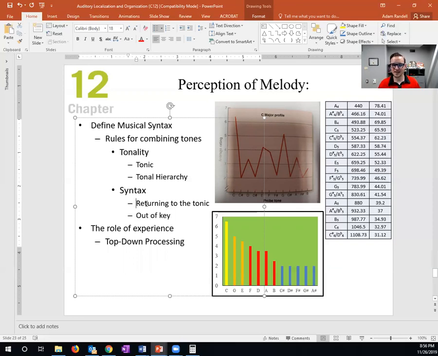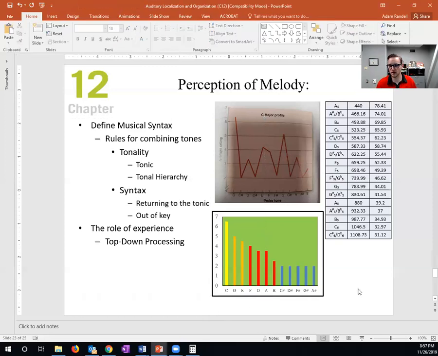But there's also a general trend in melody composition where when you start at the tonic, if you rise, you eventually end at the tonic. That effect is called returning to the tonic. When this is prevented, when a melody doesn't end at the tonic, that tends to sound weird. So that's an additional part of the syntax.